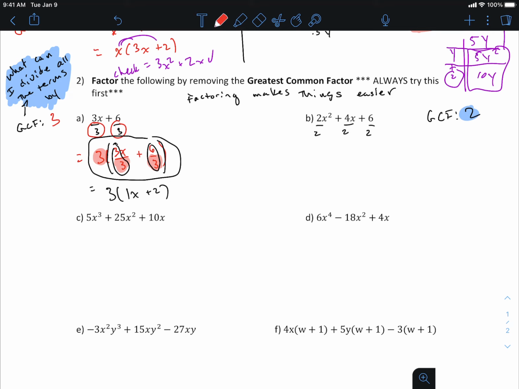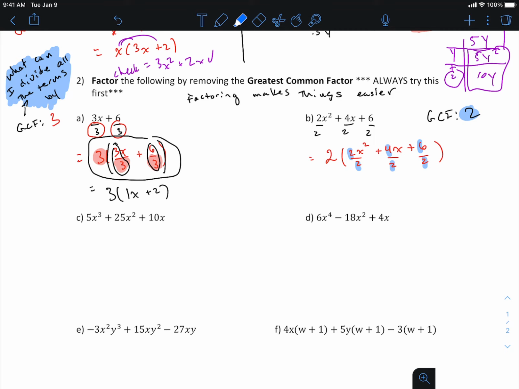And so when you go to rewrite this, if you're going to divide everything by 2, then you've got to write the 2 out front. And you go, okay, 2x squared plus 4x plus 6, divide by 2, divide by 2, divide by 2. You've now taken care of the fact that you're multiplying and dividing, so nothing's changed, right? And you say, what's 2 divided by 2? 4 divided by 2, 6 divided by 2.